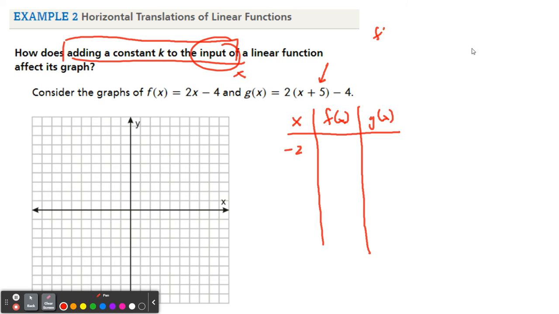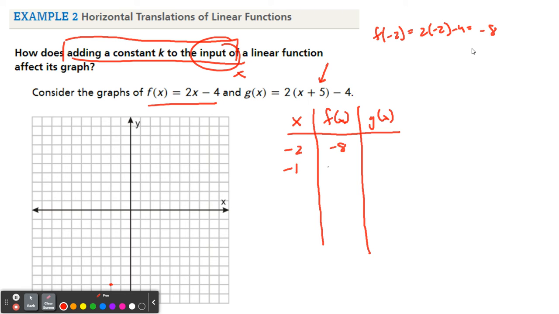So f of -2 equals 2 times -2 minus 4. I just took this function and replaced x with -2. This simplifies to -8. So that is a point on f's graph: -2, -8.